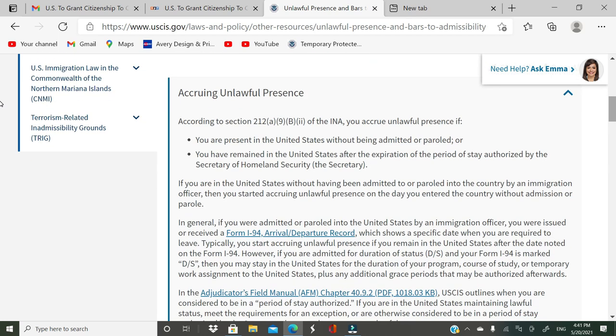So, if we go here, accruing unlawful presence: how does a person accrue unlawful presence? If you are present in the United States without being admitted or paroled, or you have remained in the United States after expiration of the period of stay authorized by the Secretary of Homeland Security.